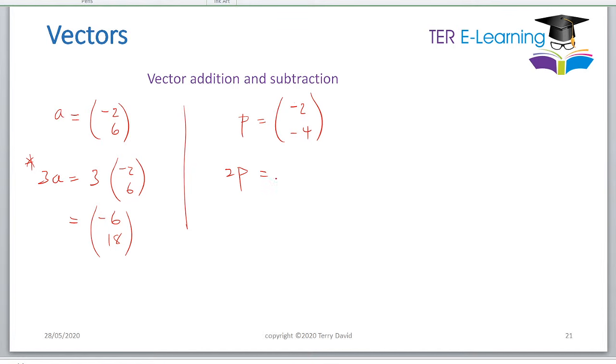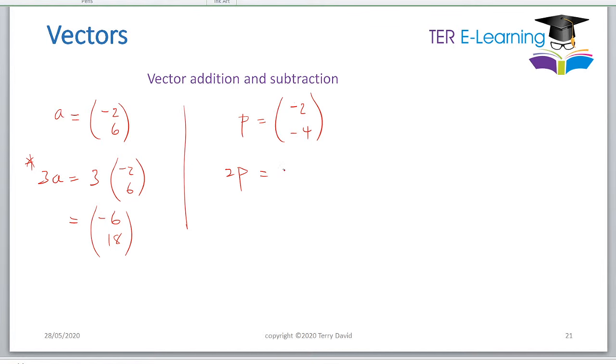I want to know what is the vector 2p now. All right, so I'm seeing answers -4, -8.